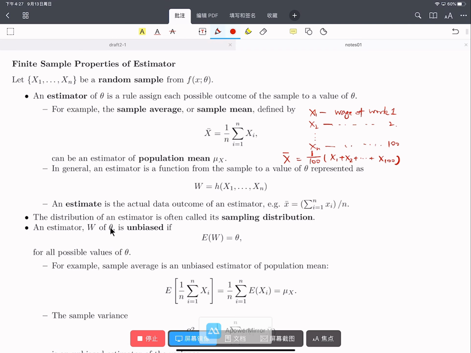If an estimator is a random variable with a distribution, then it also has, for example, expectation and variance. We call an estimator unbiased if its expectation equals the parameter that we are interested in, that we want to estimate.